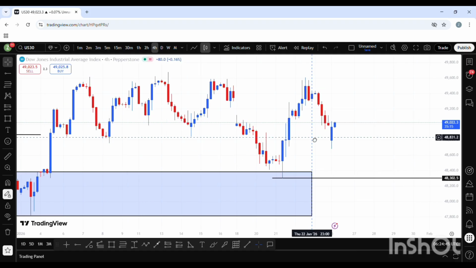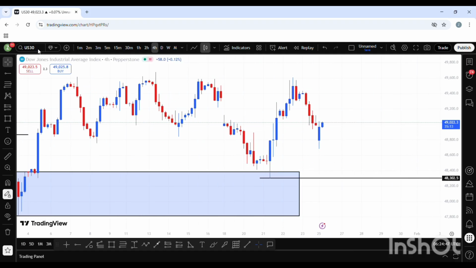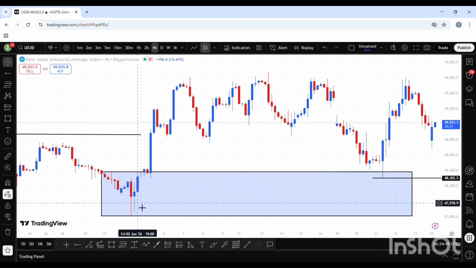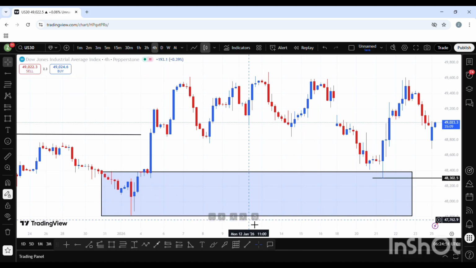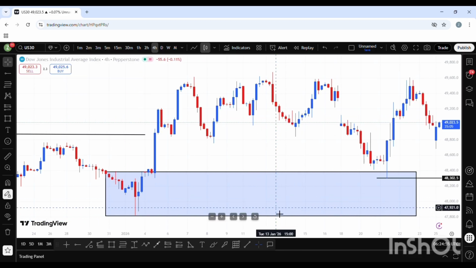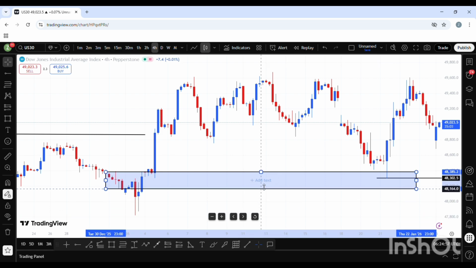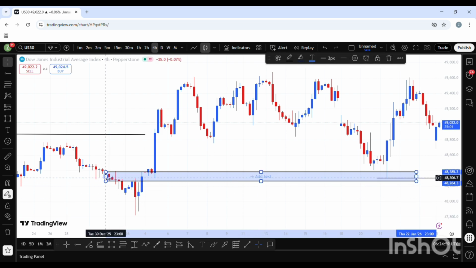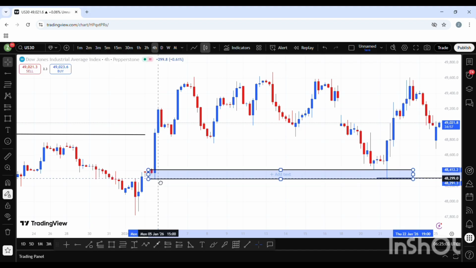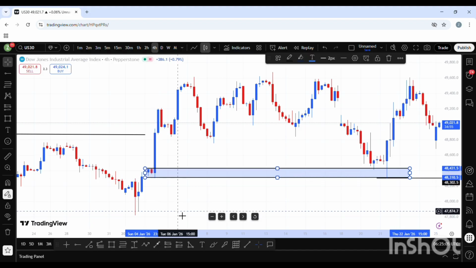And from 4 hours, I'll adjust this order block. And one thing about this pair, I prefer waiting for it at the extreme levels. That's where I get a decent and very nice setup, which if the market goes my way, it gives me good money.